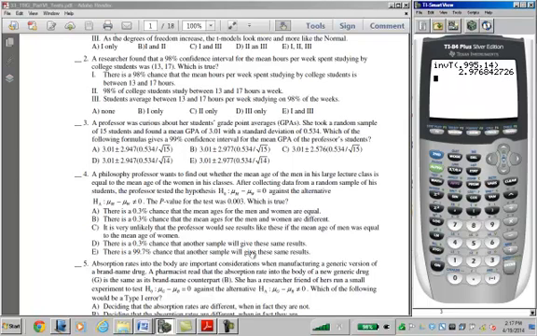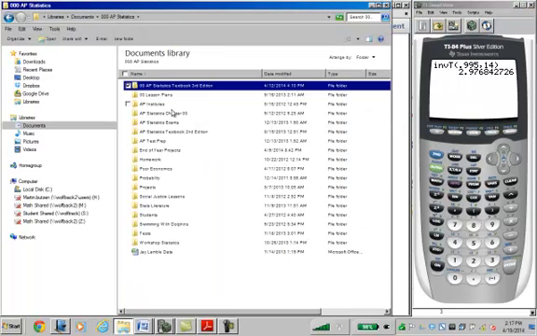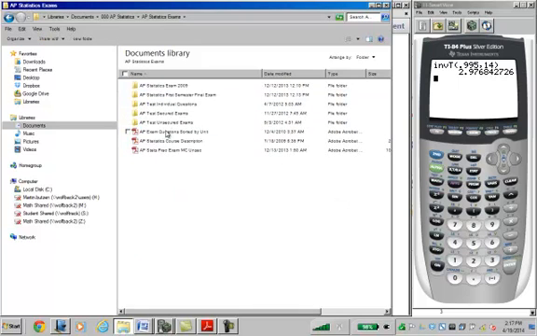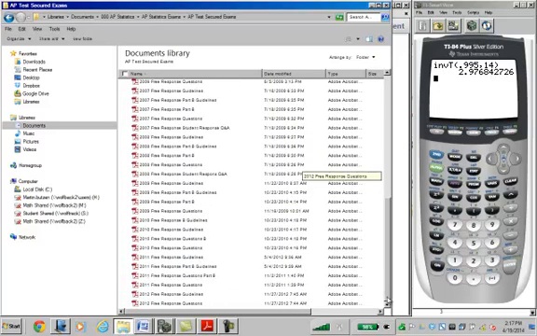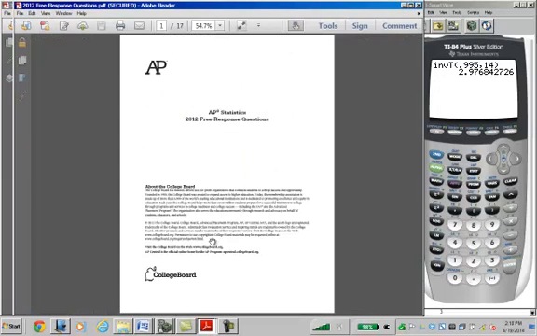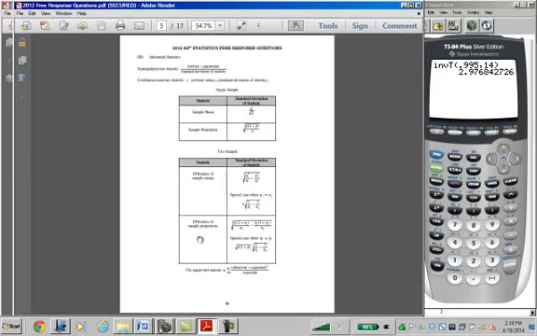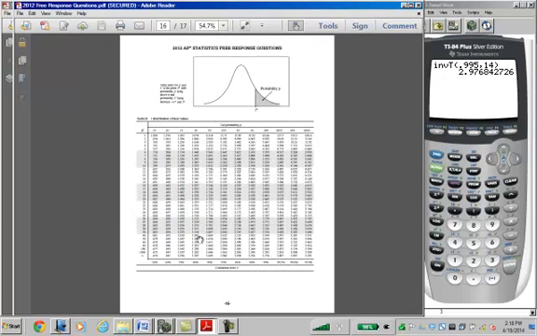Now let's use the formula sheet to find this. So I'm going to open up a test. Bear with me for a second here. So I'll go to the statistics exams, and let's page down. Okay, so we're looking for the T distribution.